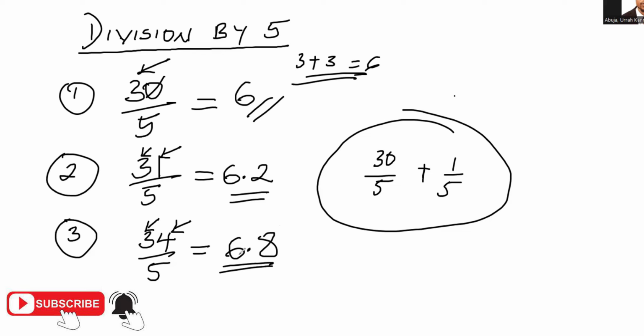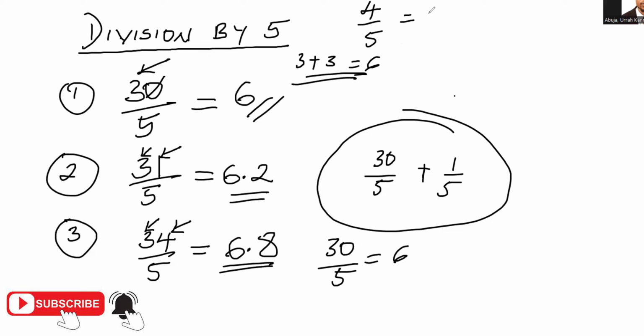Now the reason why we're having the point here is because 30 divided by 5 gave us a whole number, 6. Any other number tied to it would give us a decimal point, because this number is less than 5. 4 is less than 5, 1 is less than 5, right? So 4 divided by 5. For those of you that watched the first video I did on division by 5, you know we did 4 divided by 5.